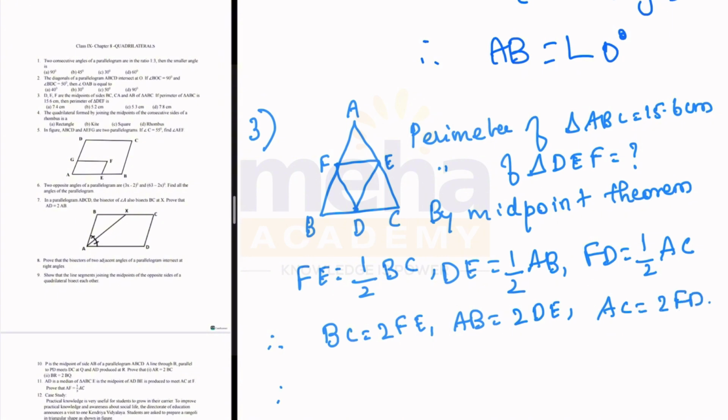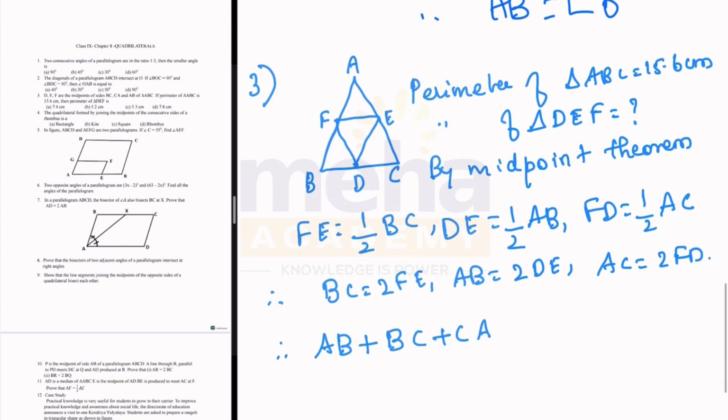Now the perimeter of triangle ABC is AB plus BC plus CA. Perimeter is nothing but adding all the sides. That is equal to 2 times the inner triangle, which is FD plus DE plus EF.